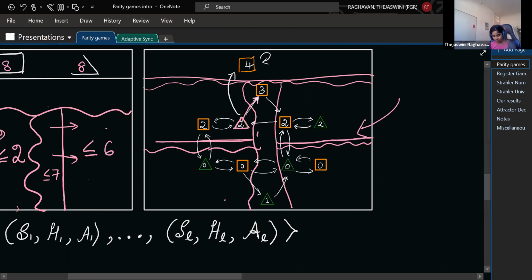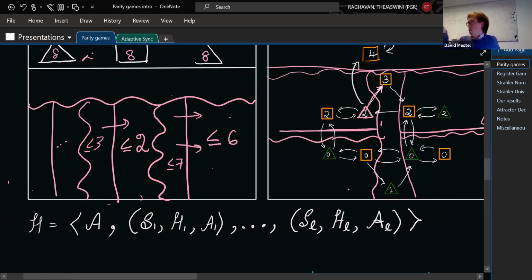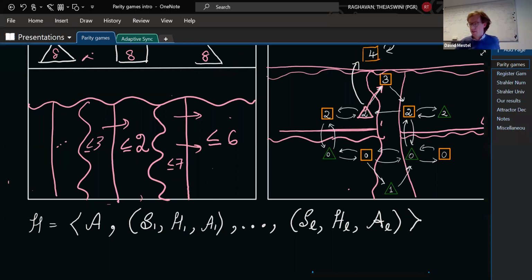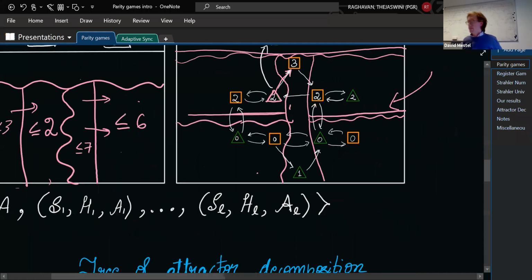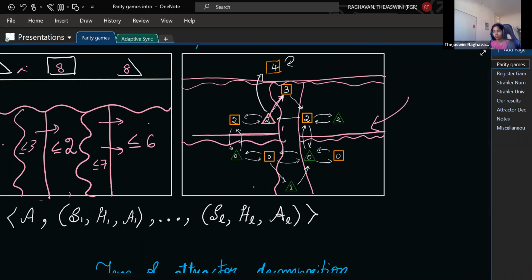I didn't define this very clearly. You first say that the right thing is a winning region. Then you cut it off, and now the left thing is a winning region. Exactly. So you want winning regions in the remaining subgraph such that you don't see any odd priorities from there.